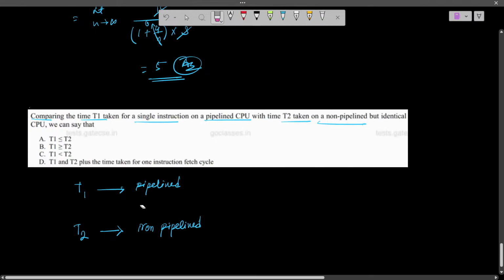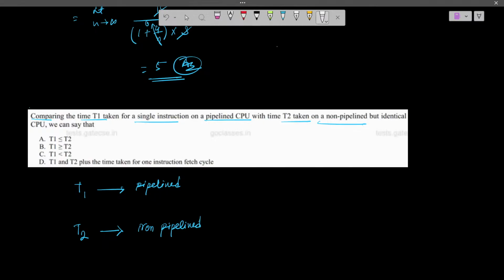On the first glance, I also thought that T1 is pipeline, T2 is non-pipeline, so it has to be C, right? T1 less than T2, because come on, pipeline will always take less time.